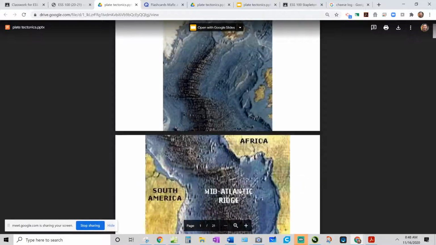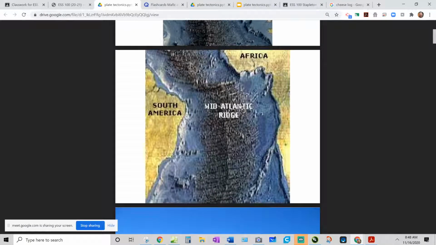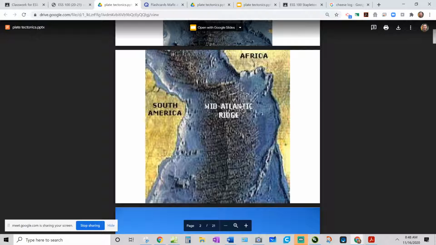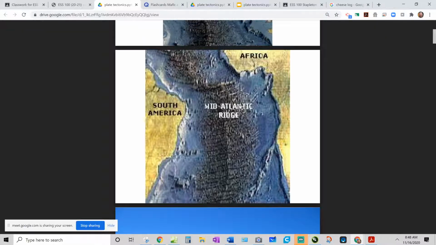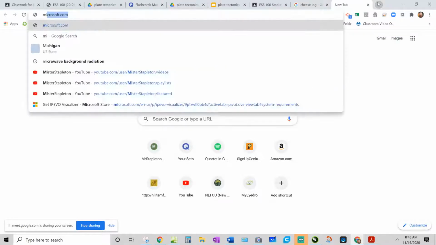All right, so this is not a great picture of the Mid-Atlantic Ridge, but it's about the best I have. You can see Africa, and then South America, and right down the center is the Mid-Atlantic Ridge. It's a bad picture. Let's see if I can find better ones.